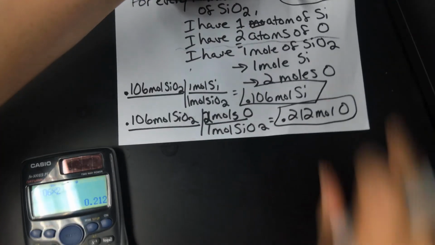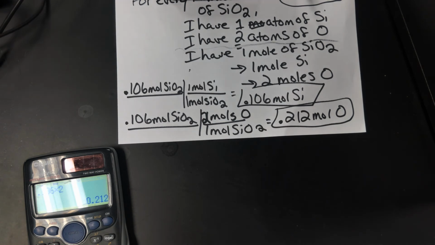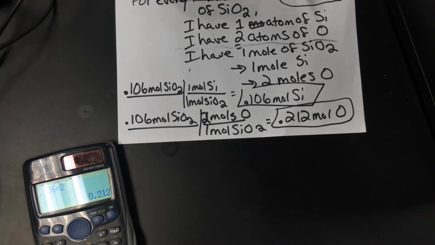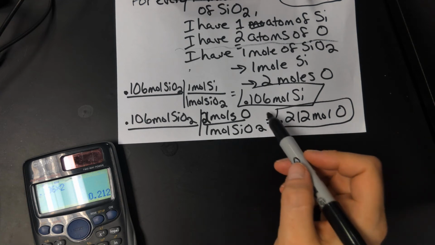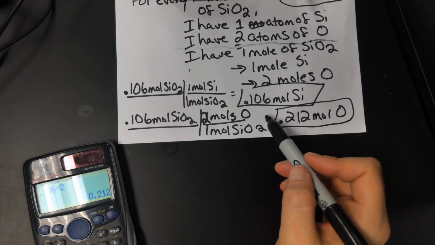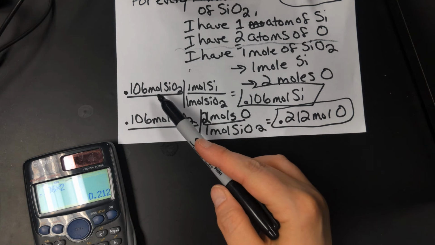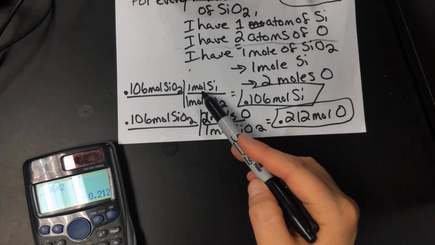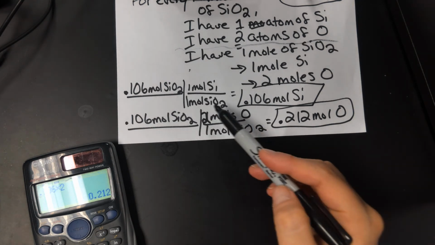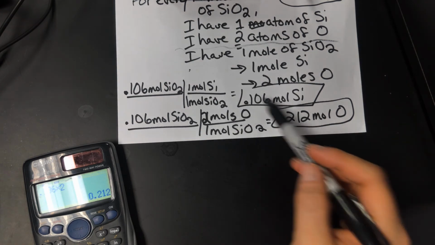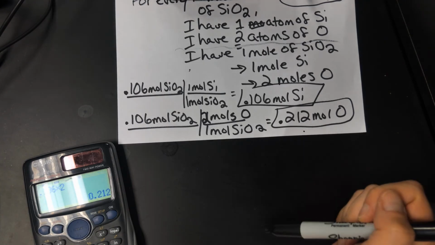So then the very last thing that they do is they ask us to take those moles of each element and then turn them into atoms of each element. I think that understanding the previous part was probably the hardest, to understand that for every 1 mole of silicon dioxide, you have 1 mole of silicon and 2 moles of oxygen. So essentially you just had to multiply it by 2.